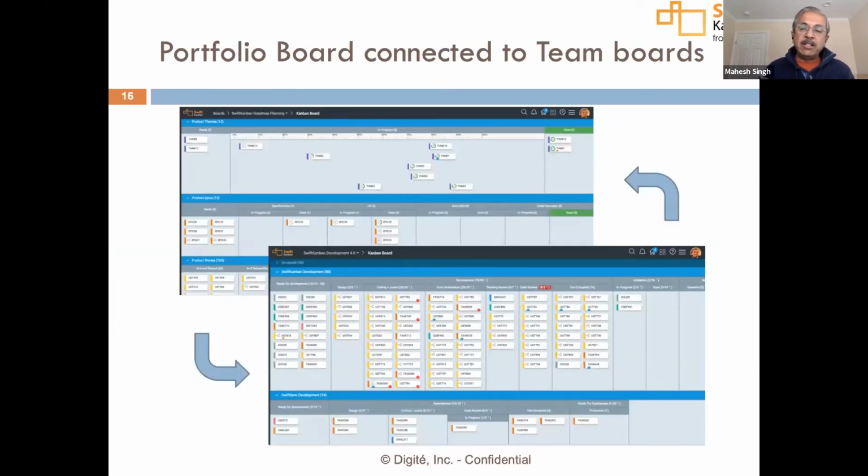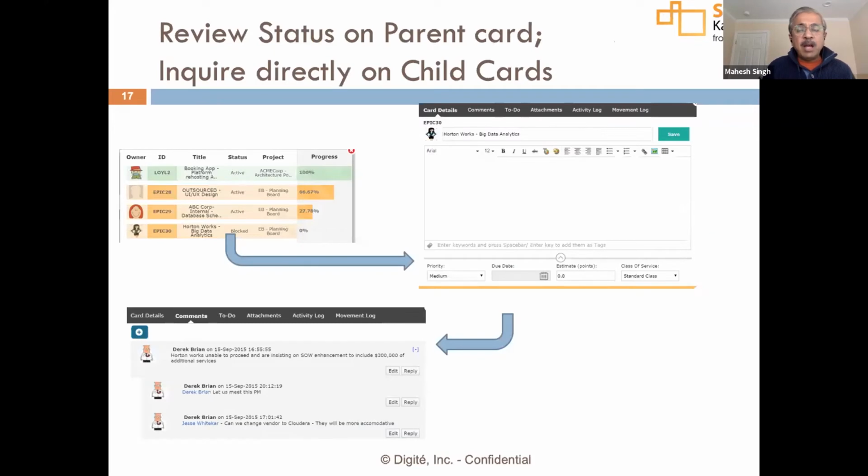And therefore, you can connect these boards, any level of boards in a hierarchy that lets you choose what is the breakdown of work you want to have and how you want to model them across one or multiple boards. So you could do this in a single board and have the hierarchy working, or you could have them connected across multiple boards. The good thing about the tool, and it's true for all of our tools, is that we provide contextual collaboration.